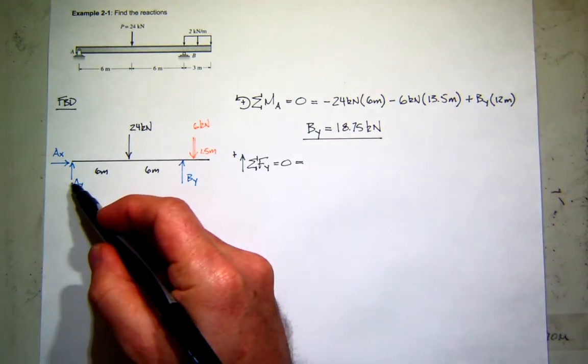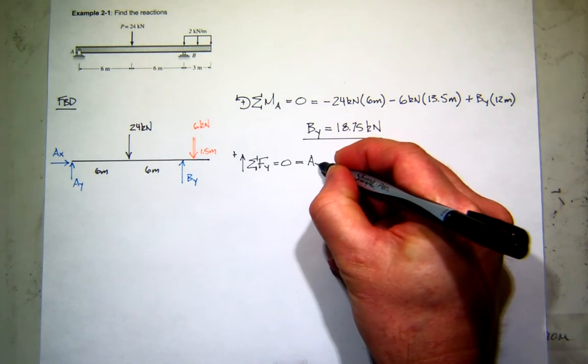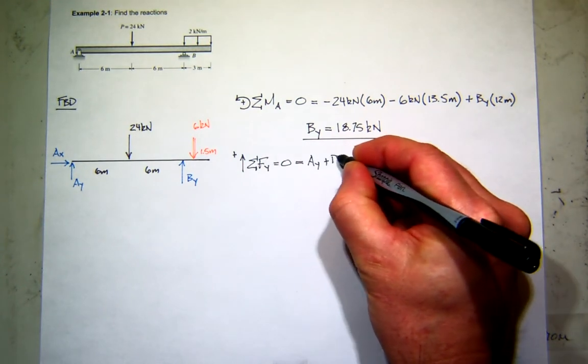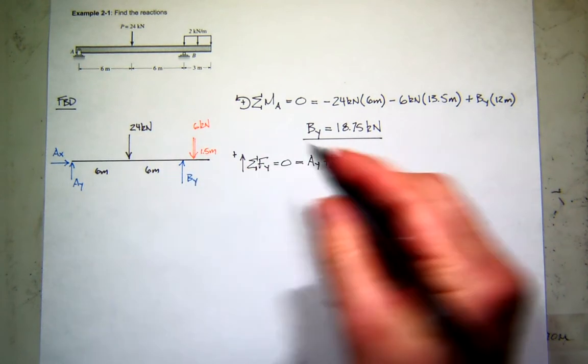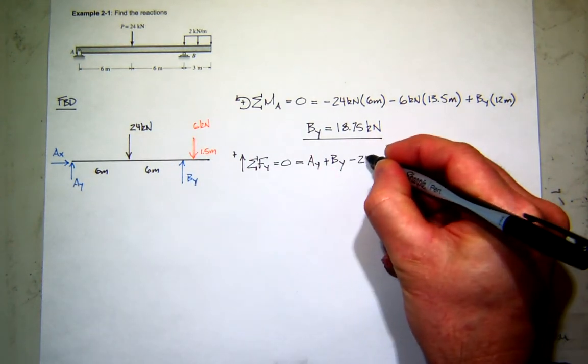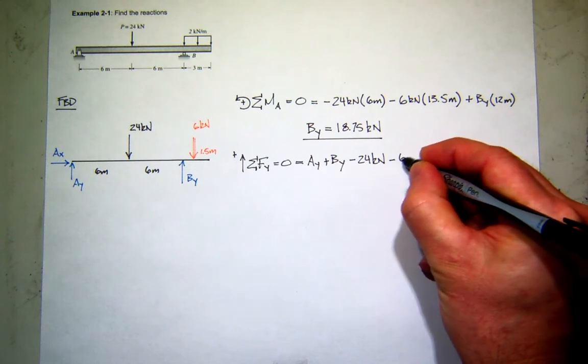So I've got AY up plus BY is up. What else do I have? 24 is down, so that's negative. And 6 is down. That's also negative.